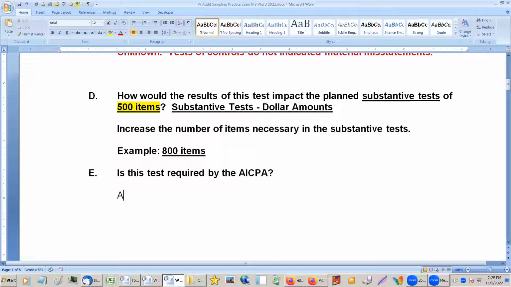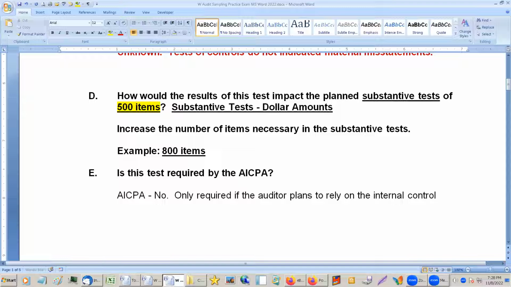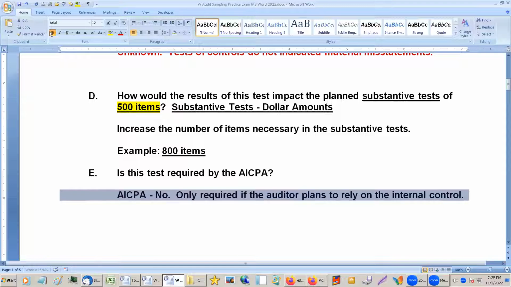The AICPA, no, it's only required if the auditor plans to rely on the internal controls.